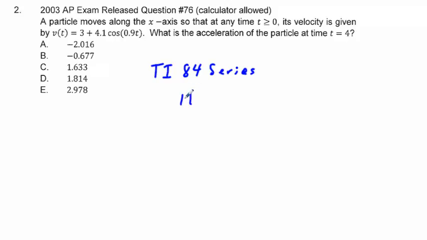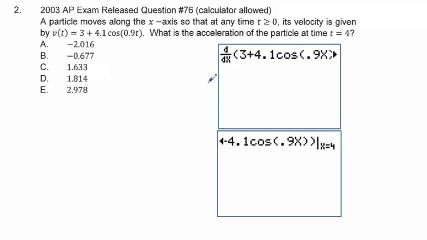You press the key math, and for derivative at a point, you then press the 8 key. And when you do that, you'll get a place you can enter d dx, you enter the x, and then enter the function.